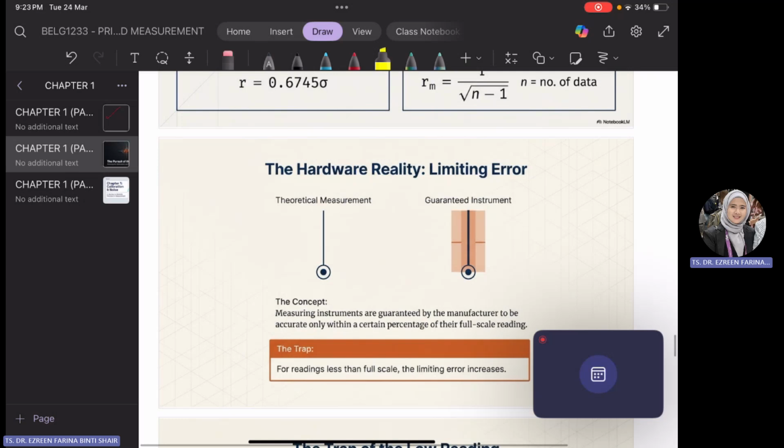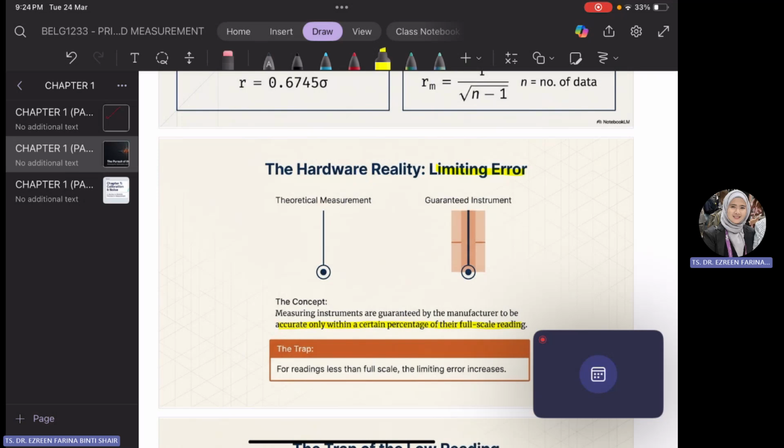The next type of error we have is the limiting error. What is limiting error? For any instrument, the manufacturer has already guaranteed accuracy only within a certain percentage of the full scale reading. They don't guarantee 100%.